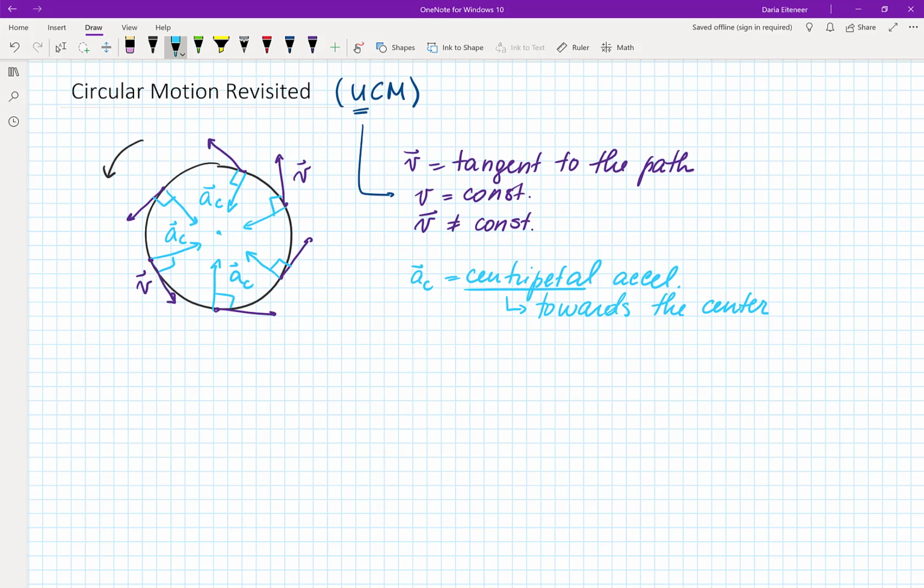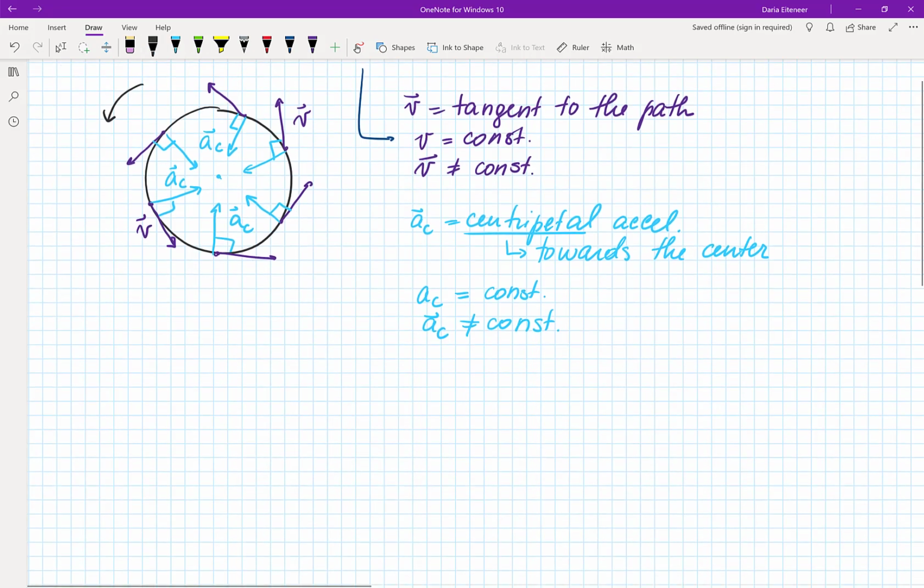So again, we can say that magnitude of centripetal acceleration, AC, is constant, but the vector itself, the way that we're used to writing vectors in terms of x and y, this is not constant. There is actually a way of writing it mathematically as a constant value, but that's beyond the scope of that class, so let's not worry about this.